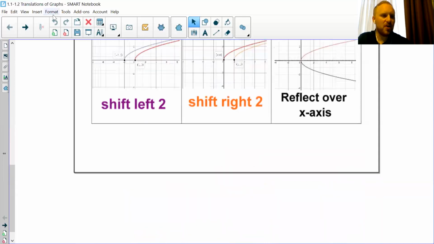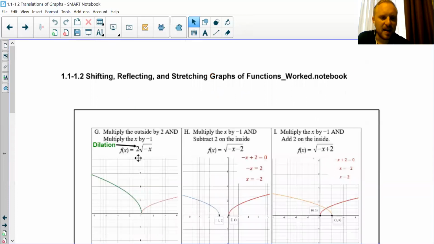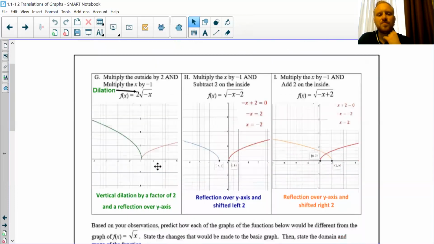Okay, so notice here, the dilation is the value on the outside. Okay, and then right here you'll notice that I have it reflected over the y-axis and then shifted, in this case shifting to the left. And the reason why we say that's going to the left is because when we get x by itself, it's a negative value.